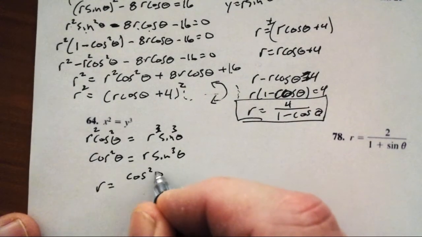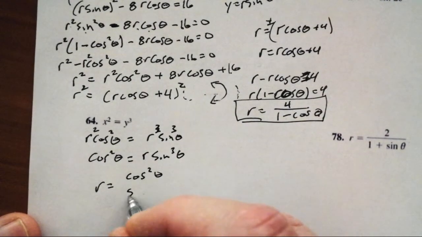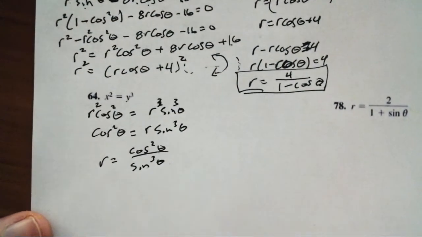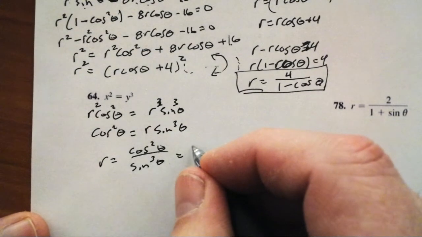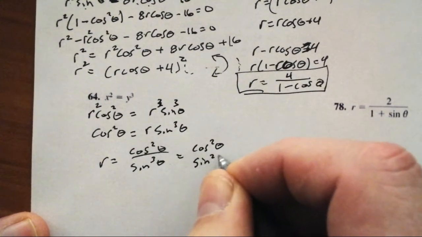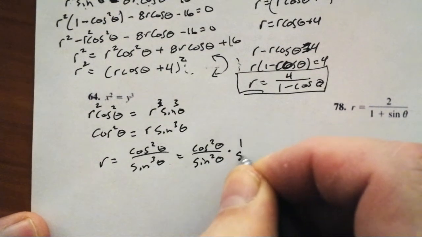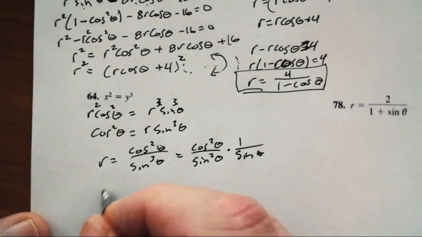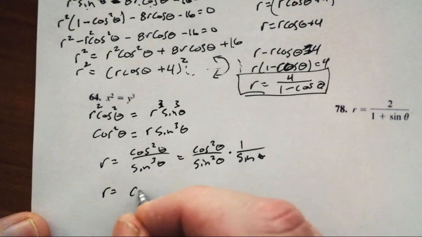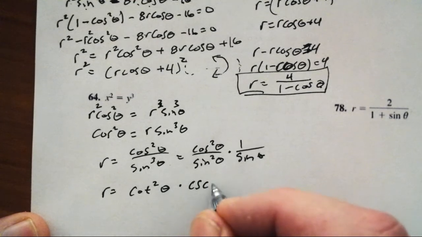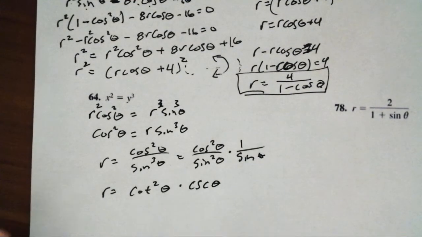It was cosine squared. Now it's on sine cubed, and that's pretty good. But can we simplify that if we think of this as cosine squared theta on sine squared theta times another 1 on sine theta? Cosine on sine is cotangent, and 1 on sine is cosecant theta, and I would say that is the best solution.